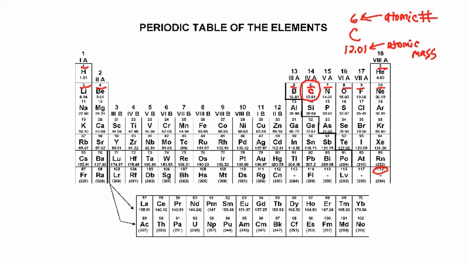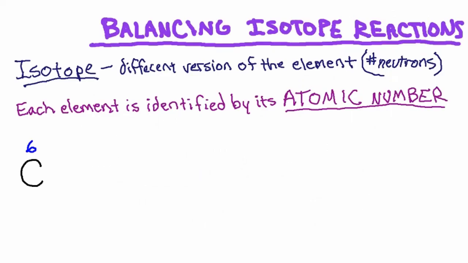So you can say atomic weight or atomic mass. This is the atomic mass unit, 12.01 atomic mass units. I'm telling you all of this to get you to concentrate on the atomic number, number 6 for carbon up here. So once again, here's the carbon element with its atomic number 6 right on top.